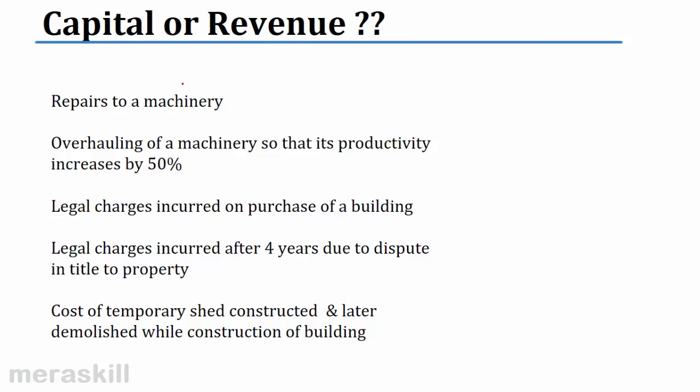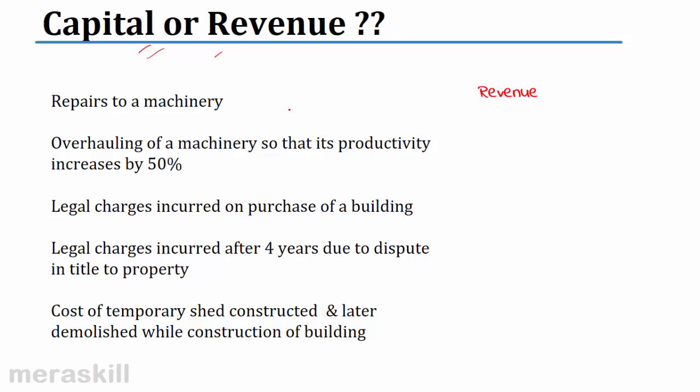Let us test with some examples. Identify whether the following expenditures are capital or revenue. Let us take them one by one. Repairs to a machinery. Let us assume that these are the ordinary annual repairs. Since these are incurred every year in order to maintain that machinery in its current condition, it should be revenue.